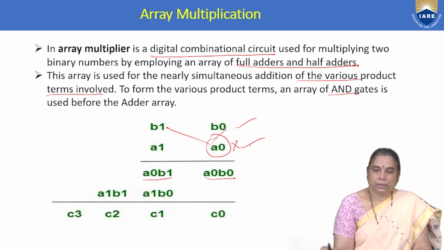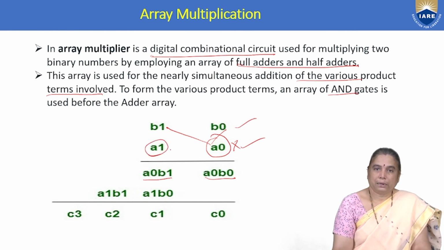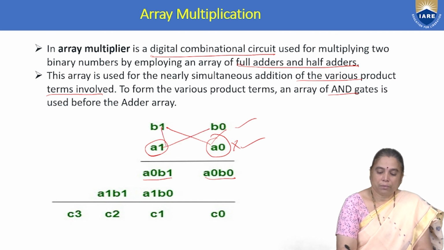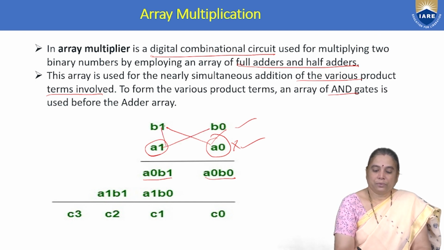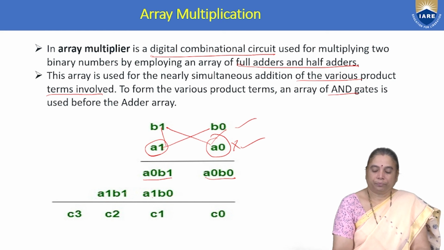After considering this bit, next we move to the next bit of the multiplier. Here we apply the product operation by considering the second bit of the multiplier. So here A1 B0 is the product. Shifting one position has to be left blank, and A1 B0, next A1 B1.